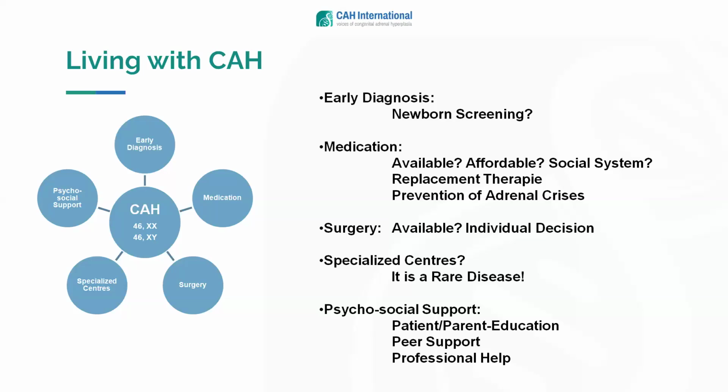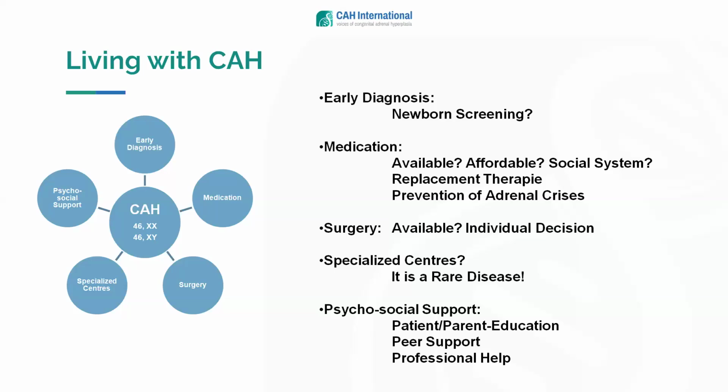Surgery, if you have changes in the urogenital tract, is it available? Can it be made upon an individual decision after discussions between the doctors and the parents? This is what we see, a very important part, but not an easy part.